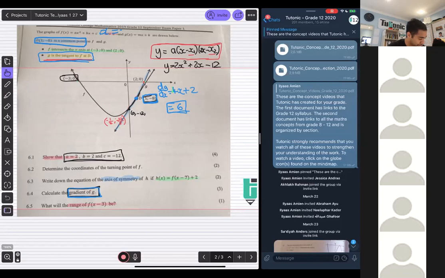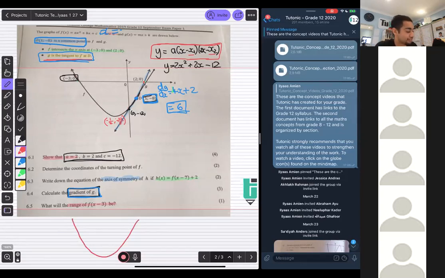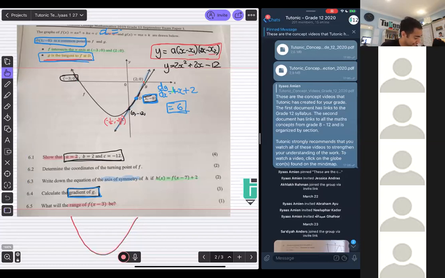So what is the question asking you? How is the range going to change if you shift the graph to the right? It's not going to change. Kaylee says it's not going to change. What do you guys say? Shaida? Yeah, it wouldn't change because the turning point is still going to be in the same place.